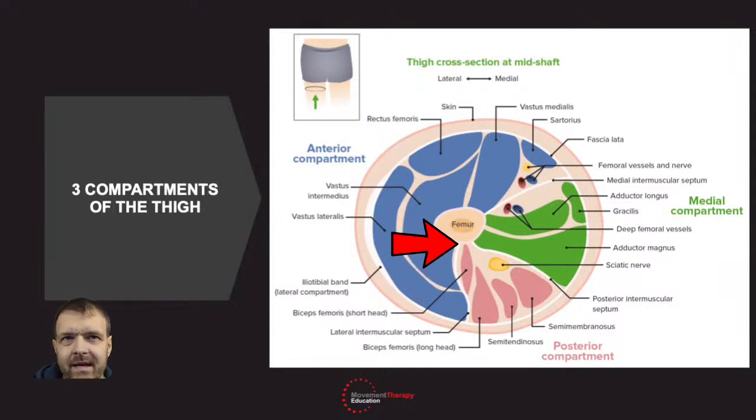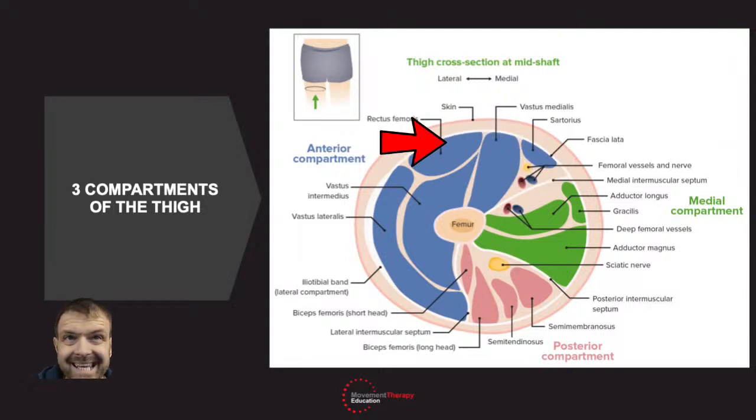Okay, and then if we follow that around, all the way around there, we've got another septum here, into the femur there, and that's your medial intermuscular septum. So that wrapping around there, and then all the way around, that's one big cheese wedge.